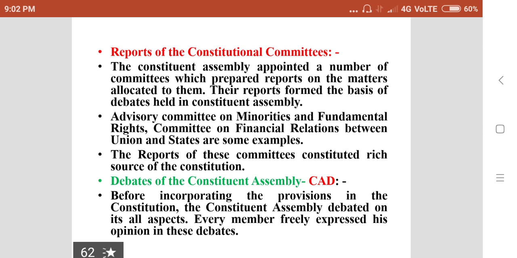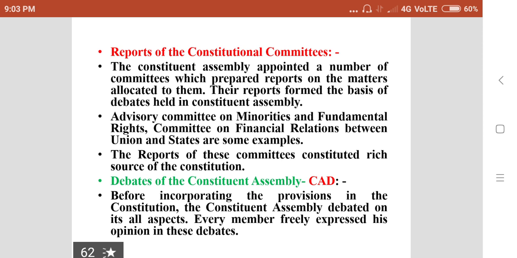The Advisory Committee on Minorities and Fundamental Rights and the Committee on Financial Relations between Union and States are some examples. The reports of these committees constituted a rich source of the Constitution.